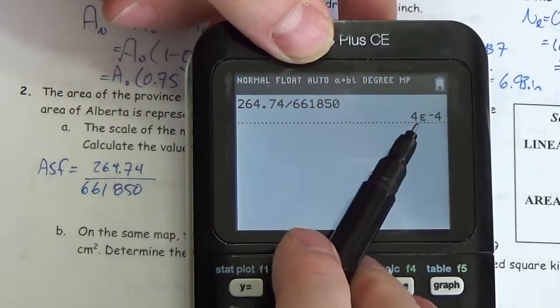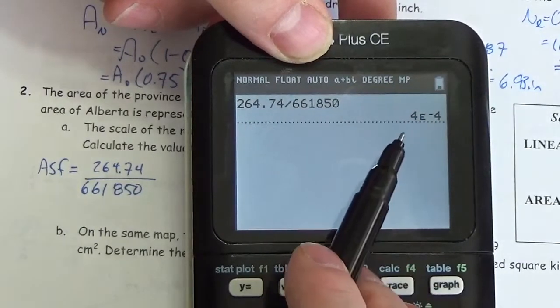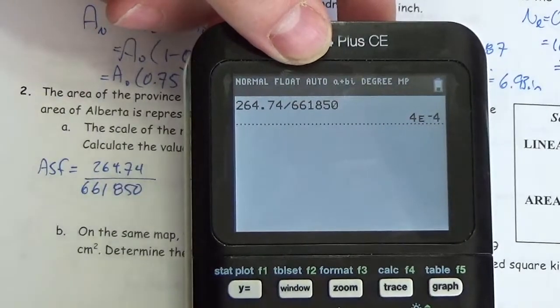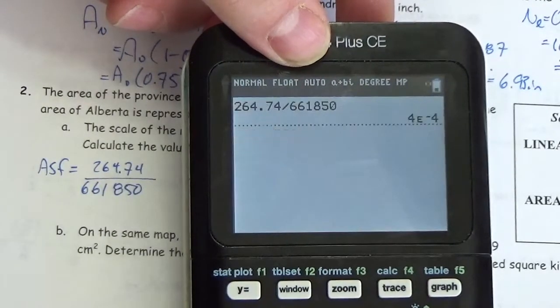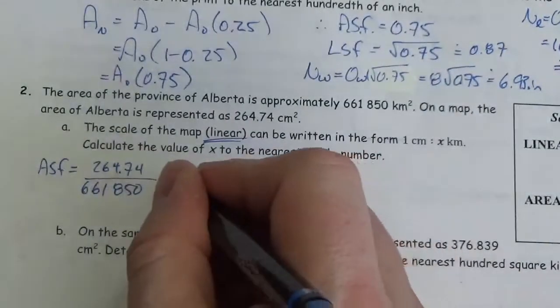Oh, now look at that number there. Now that means 4 times 10 to the negative 4, so the decimal moves over, but it's actually a really nice decimal. Let me convert that to a fraction here. That's just 1 over 2,500.